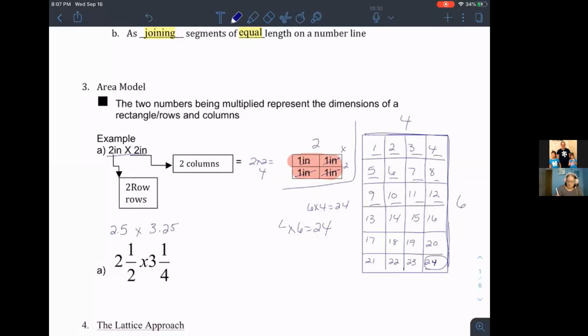So in order to do this easily, we're going to make a little square or rectangle, and we have to draw blocks for each number in the number. So 2.5 would go here, and then 3.25 would go here.